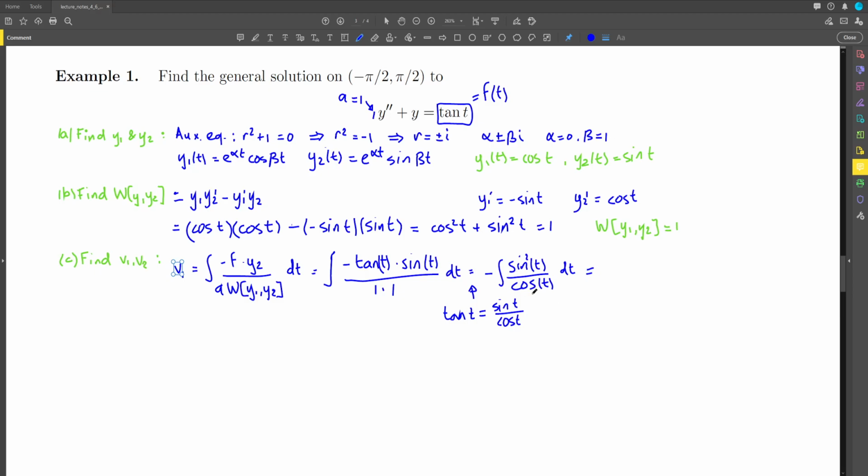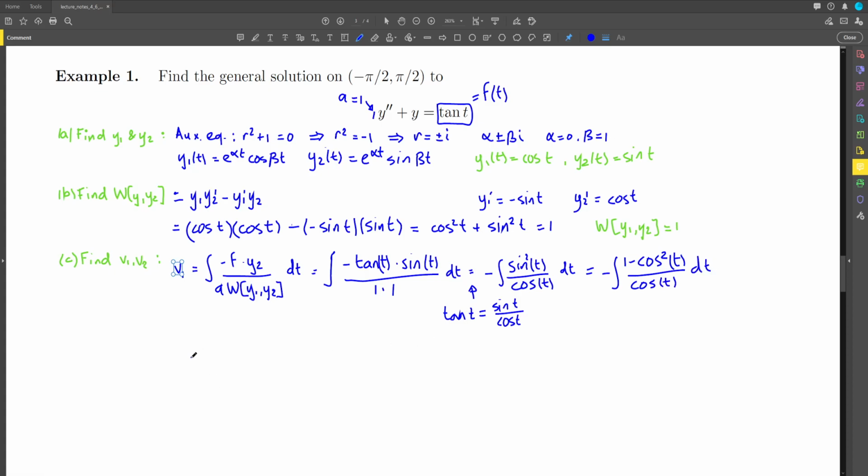Now to solve this, we want to write everything in terms of cosine. And so we can write this as minus, and in the sine squared we can write as 1 minus cosine squared t over cosine of t.